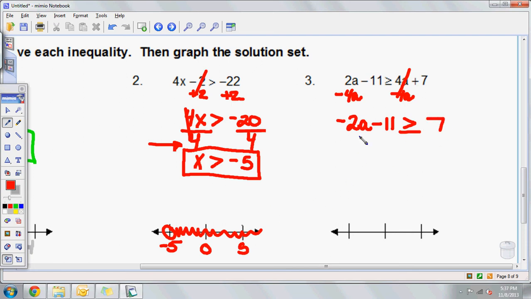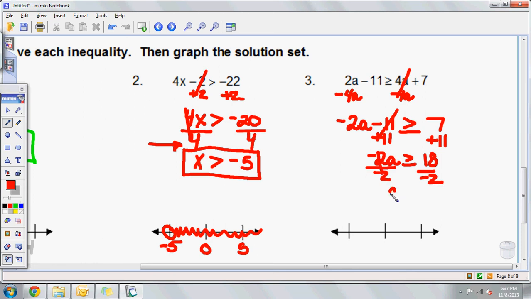Now we still have to keep getting that a by itself, and I might already point out that it looks like I have a negative coefficient, so that might be a heads up that I might have to do this funky rule. So let's keep solving. We keep doing the opposite, so add 11. So we have negative 2a is greater than or equal to 18. Keep doing the opposite, divide both sides.